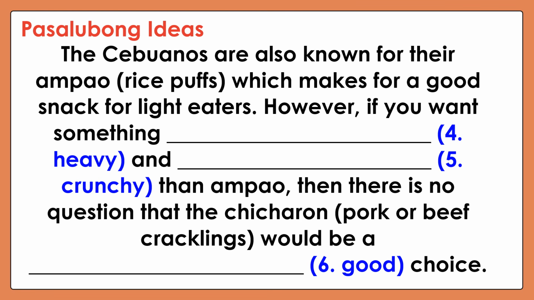The Cebuanos are also known for their ampao or rice puffs, which makes for a good snack for light eaters. However, if you want something blank heavy and blank crunchy than ampao, then there is no question that the chicharon or pork or beef cracklings would be a blank good choice.